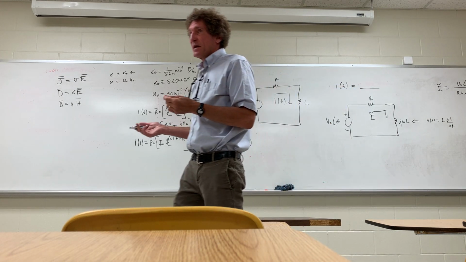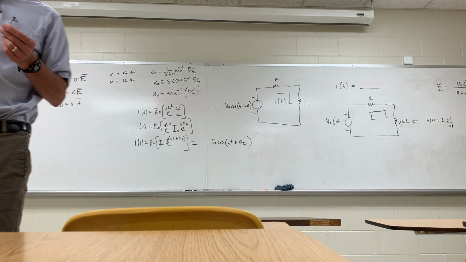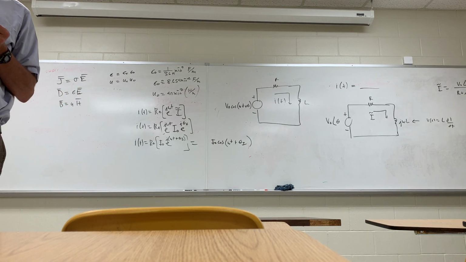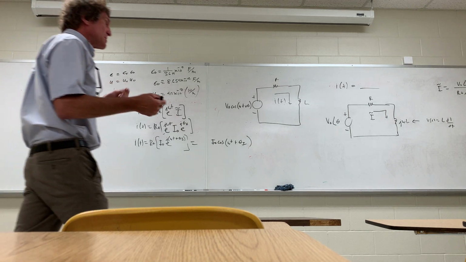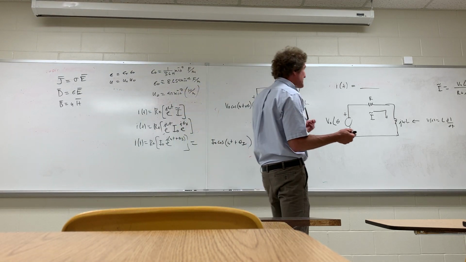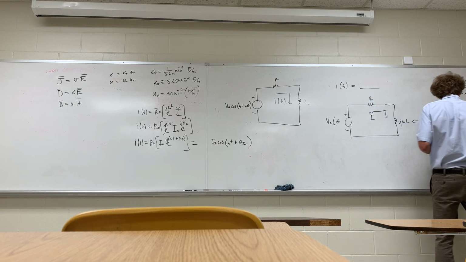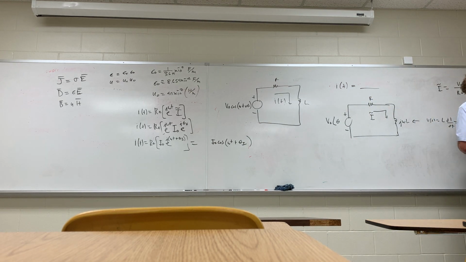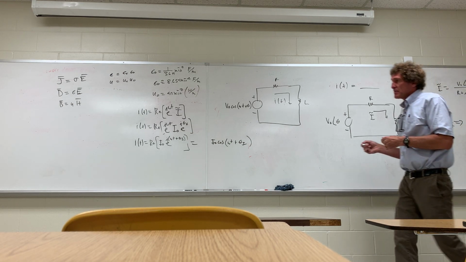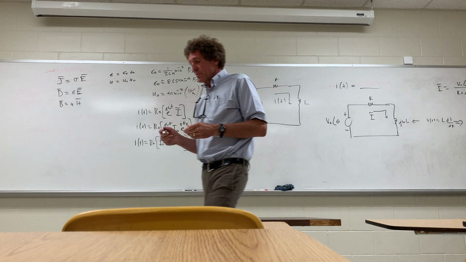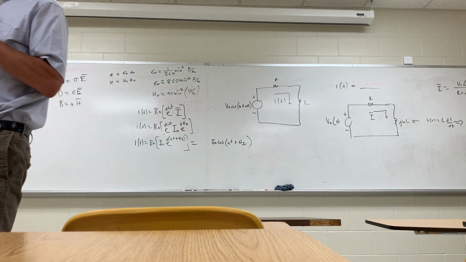V is equal to L di dt, but where we had di dt, replace that with j omega, because everything is now assumed to oscillate as e to the j omega t. That means the time domain derivative turns into simply V phasor is equal to j omega L times I phasor. So anytime you have a time domain derivative, you replace it with just j omega. Y'all follow me on this?